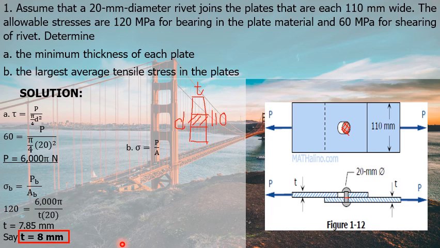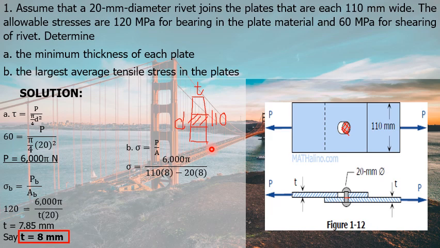Now, the area here we can consider may be T times 110. But we can also have an area that is T times 110 minus the area of the rivet, which is D times T.